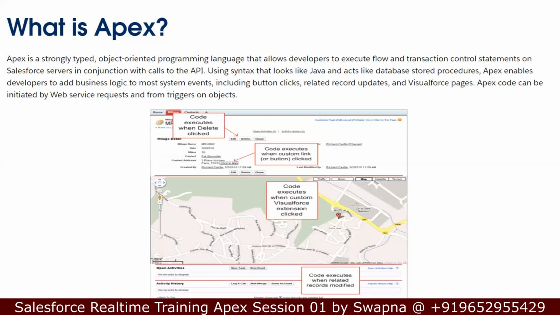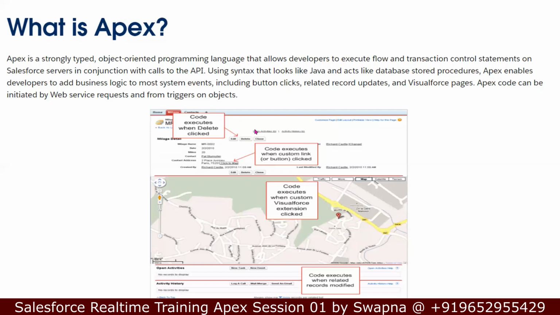Whenever we click on calculate, it should take the first number and second number and calculate based on the logic. So when I click on that button, what is the logic that needs to be implemented? We need to implement the business logic, and we have to write that code in Apex.